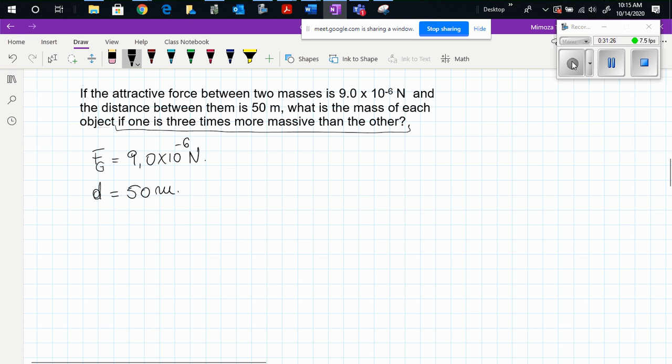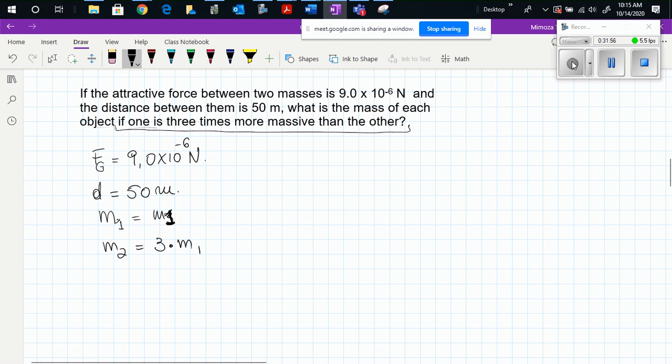If one mass is 3 times more massive than the other, so if we say mass 1 is mass 1, then mass 2 will be 3 times mass 1. Now we are finding what mass 1 and mass 2 are.